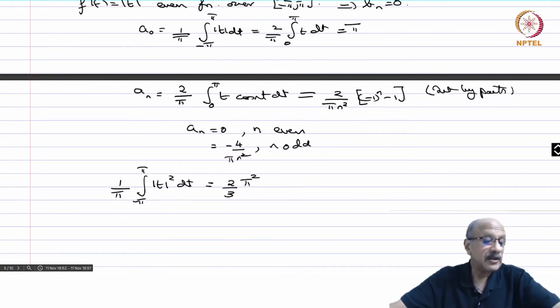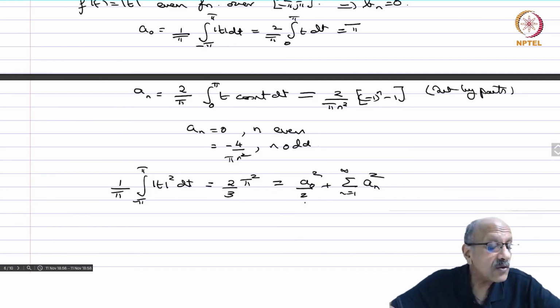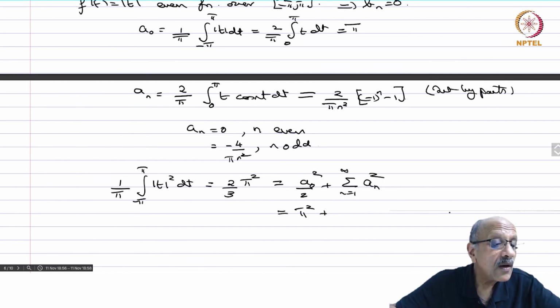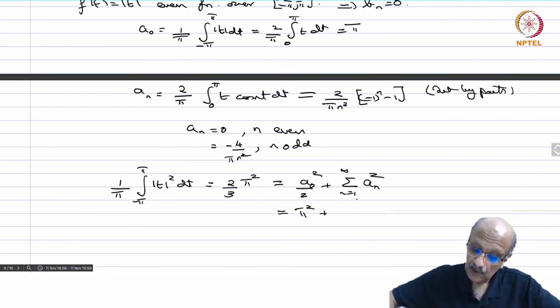So that's just 2 by 3 pi squared. And that's equal to a naught squared by 2 plus sigma n equals 1 to infinity a_n squared, and that's going to give you pi squared.